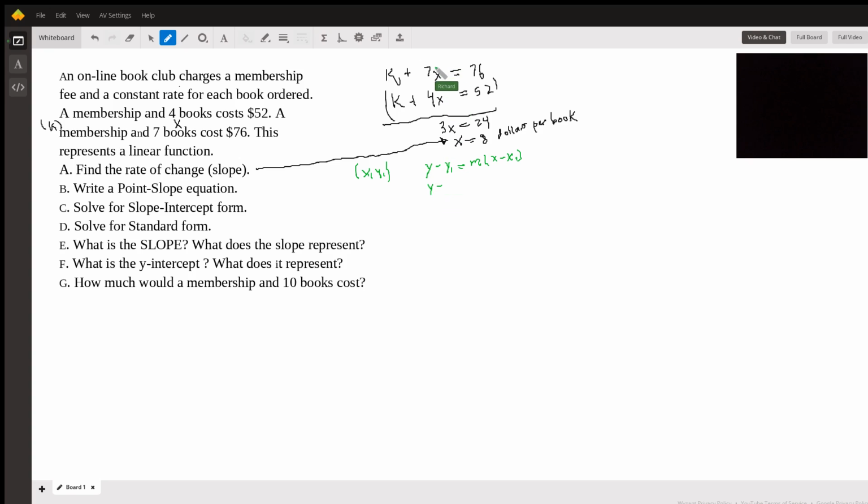I'll take this first point up here, 7 comma 76. With 7 books you end up paying a total of $76. So this is y minus 76 equals, we know the slope here is 8, we found that already, so it's 8 times x minus 7. And so that's my solution for point slope form.